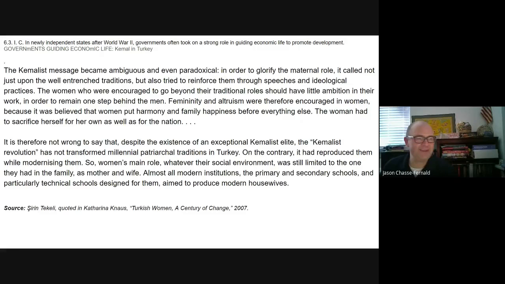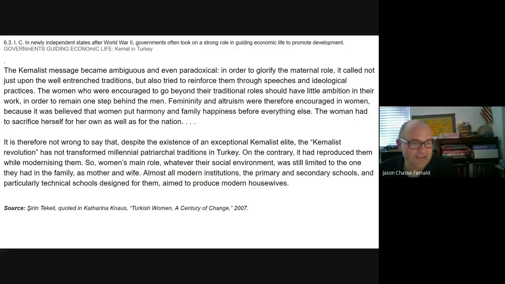And this is another interesting passage that looks at the situation women were in, a paradox. Women are encouraged to go into the workplace. Women are also encouraged to not excel beyond their male peers in that same workplace. Women have cultural expectations within the house that don't change just because they are able to work outside, and they're even encouraged to work outside the house.